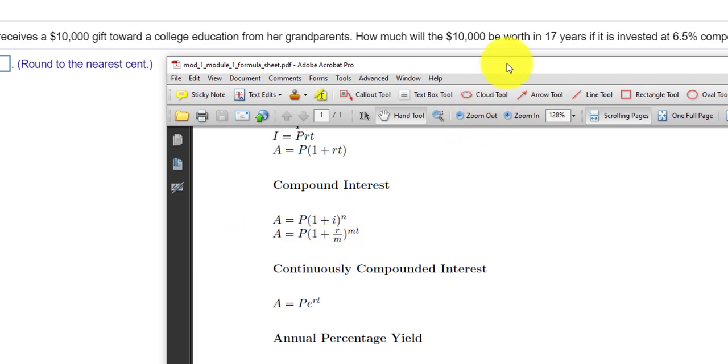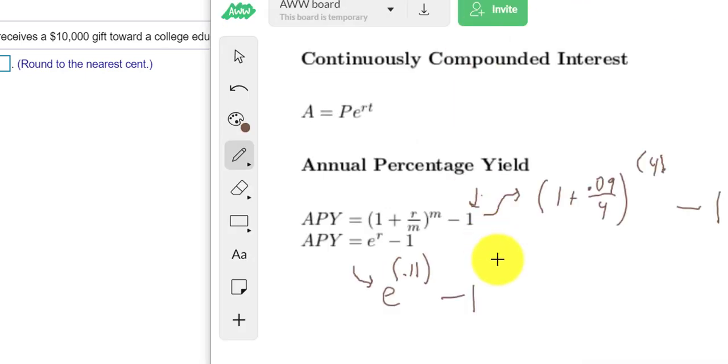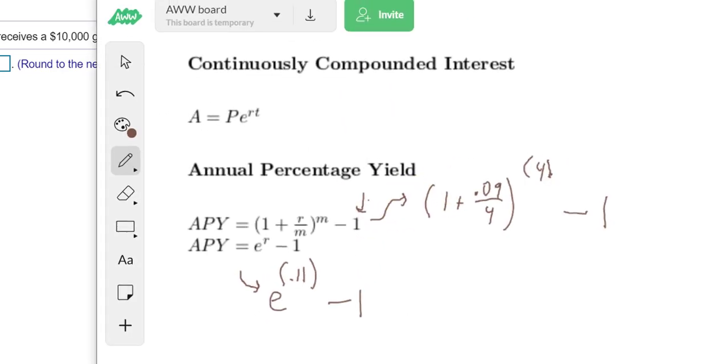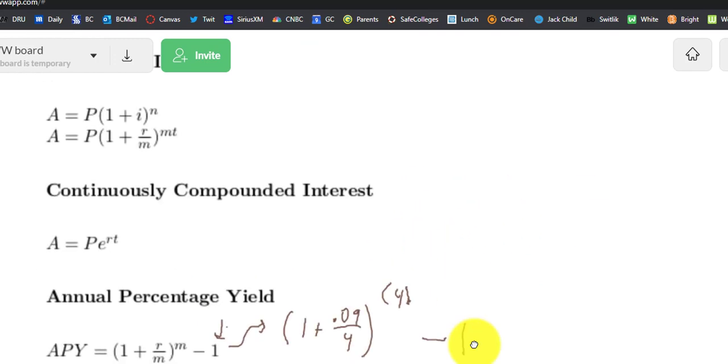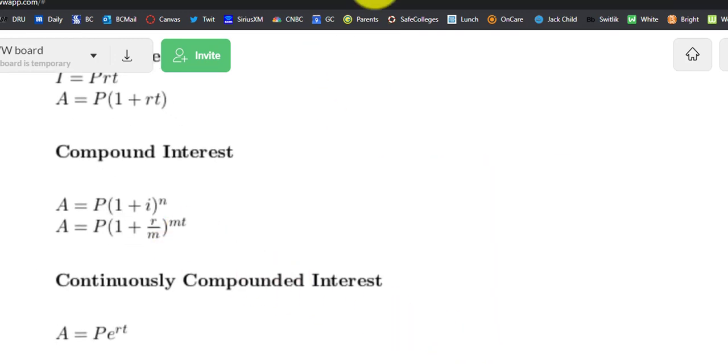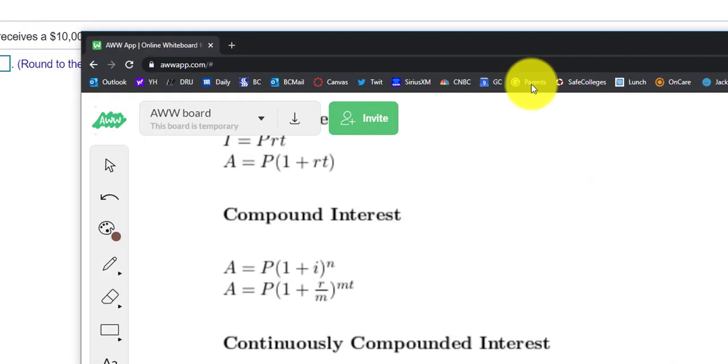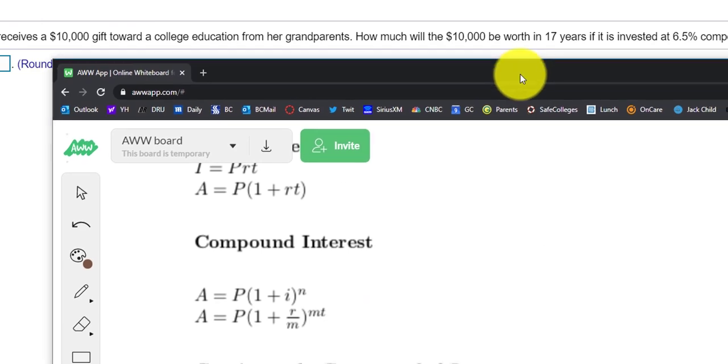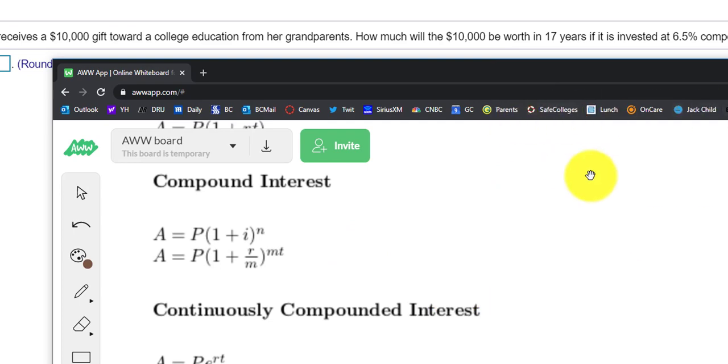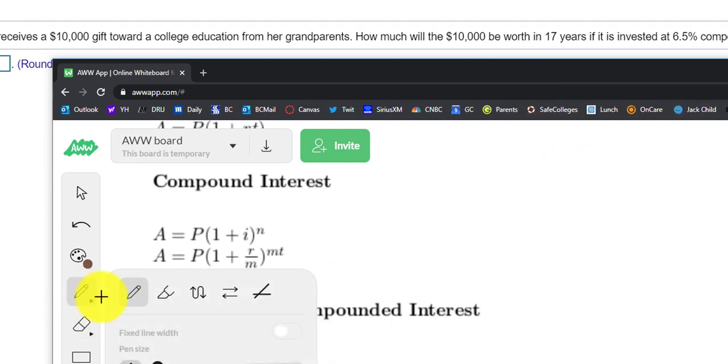So let me pull out my whiteboard again. Whoops. And let's see if I can get some room here. Here we go, compound interest. And it was 17 years. Let's just see if I can put this in a good spot. Okay, so now we can see everything. Let's write this out.